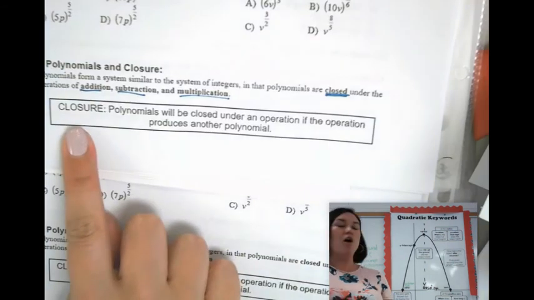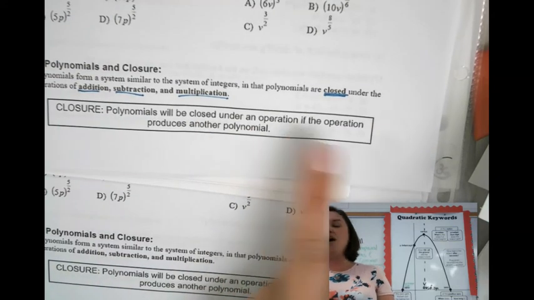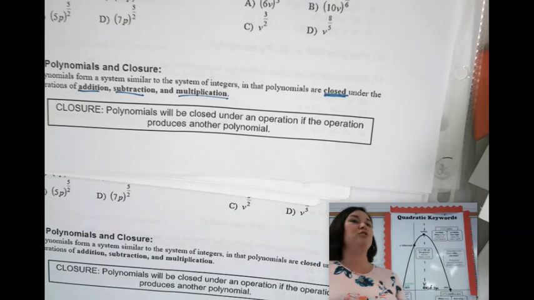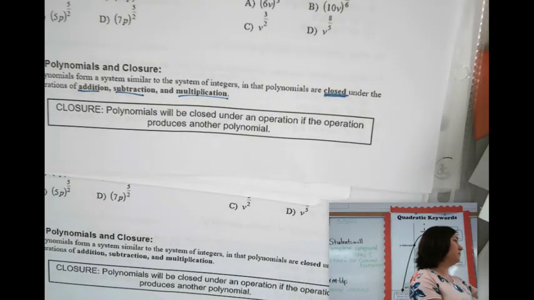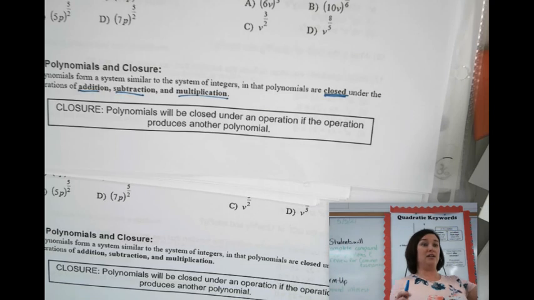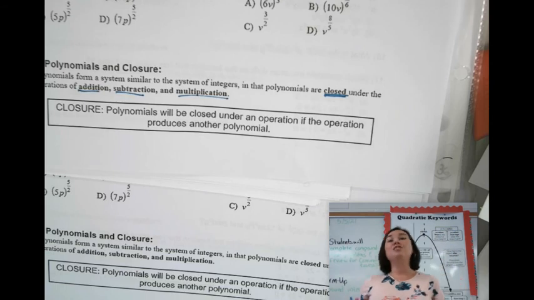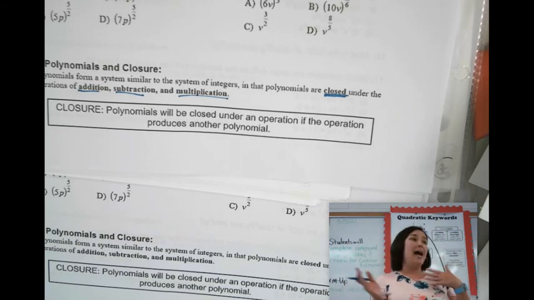Closed means polynomials will be closed under an operation if the operation produces another polynomial. So that means if I add two polynomials, do I get out a polynomial? Let's try it. 3x plus 4x is 7x. Is 7x a polynomial? Yes, it is. If I subtract them, I also get a polynomial. If I multiply them, I get a polynomial.